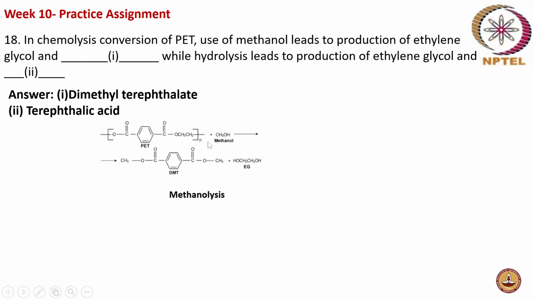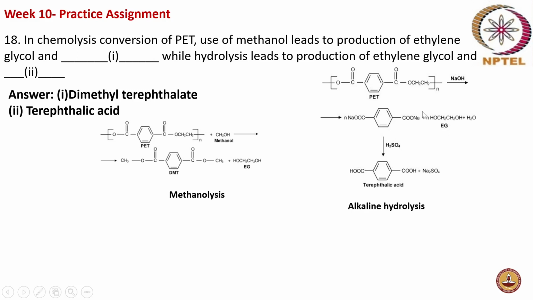So this is the structure of polyethylene terephthalate. When we use methanol, your COO gets connected to a CH3, so you will end up with dimethyl terephthalate, an ester, and then ethylene glycol. Whereas when you use water, you will end up with the acid, terephthalic acid, and this reaction shows an alkaline hydrolysis.